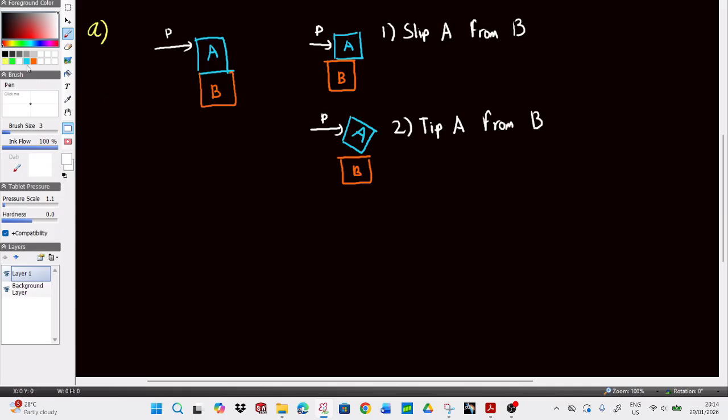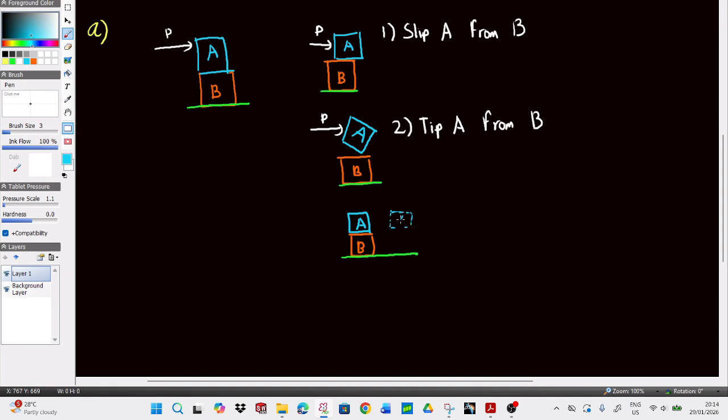What about the third possibility? The third possibility is that it can push both box A and B. I think I forgot to draw a surface actually.